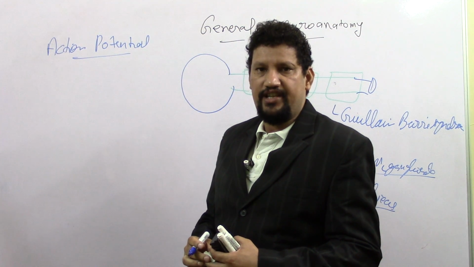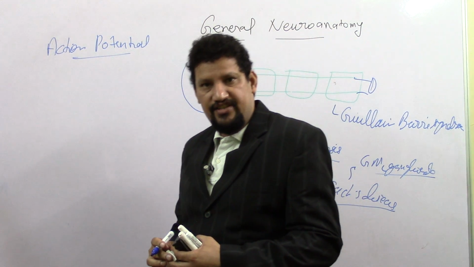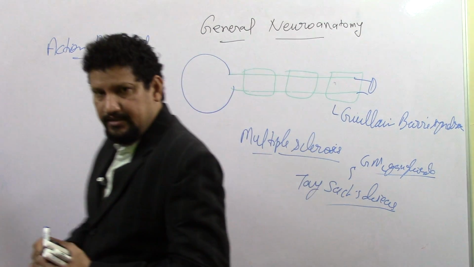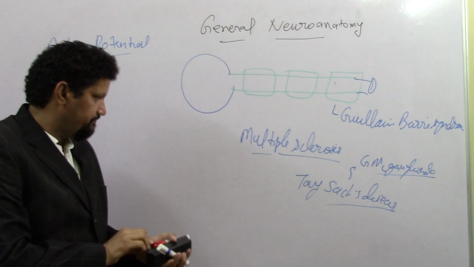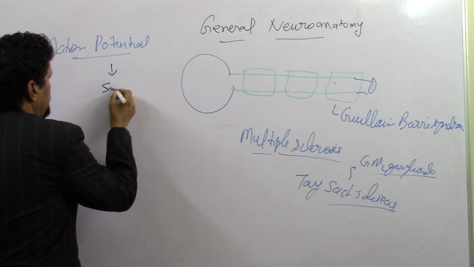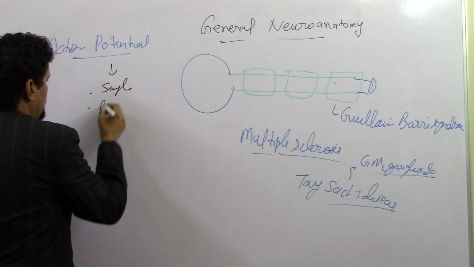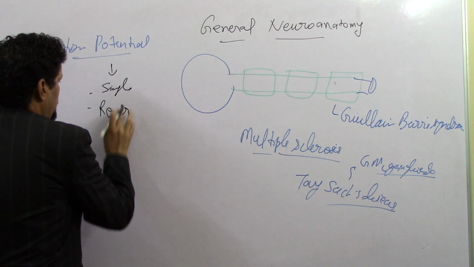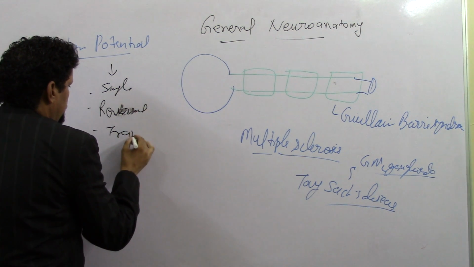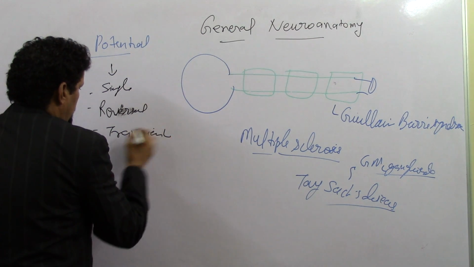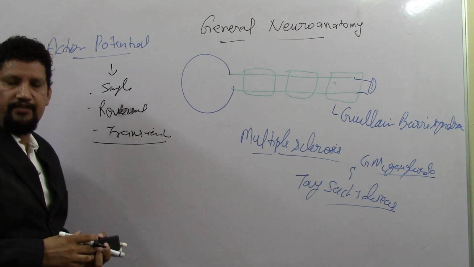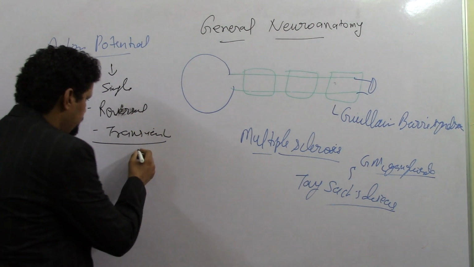So action potential is a single transient reversal of polarity of the membrane, a single transient change in the polarity of the membrane.